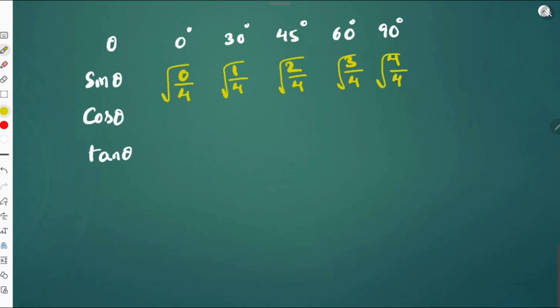So what values are coming here? It is 0, it is 1 by 2, it is 1 by root 2, it is root 3 by 2, and it is 1.